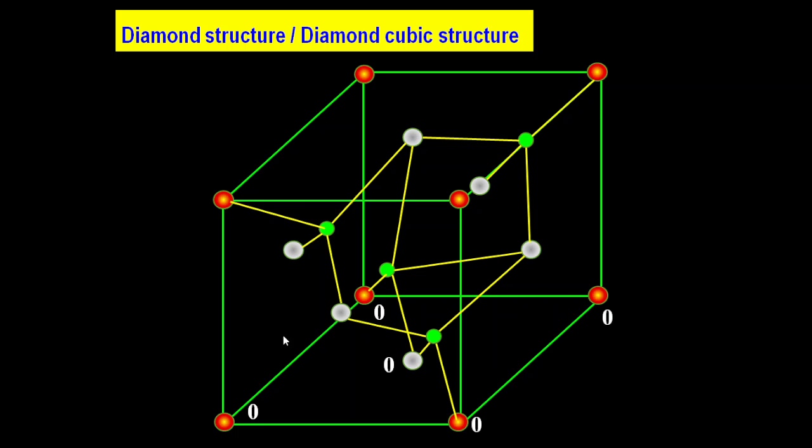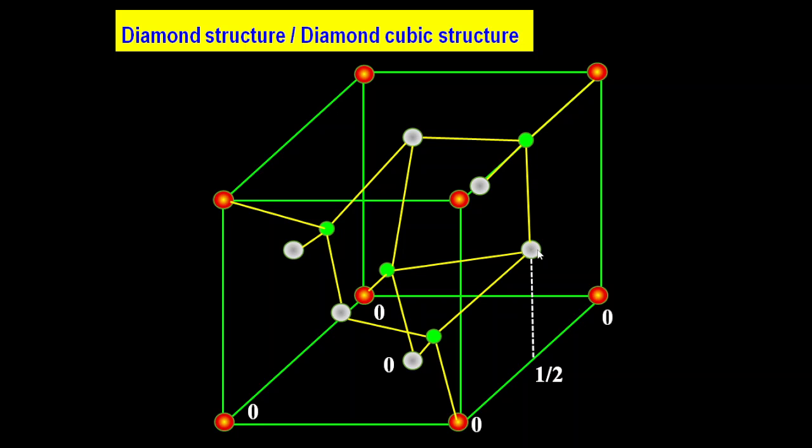Again I am showing that this is the bottom layer and this is the top layer, and the height between the bottom and top layer is suppose 1. So this atom is present exactly at the height of 1/2, or half height, from this bottom layer. Okay, so this atom is exactly at half the distance from the bottom layer. If I consider the distance from this point to this point is 1, then this will be half.